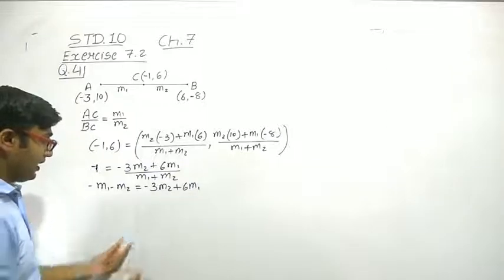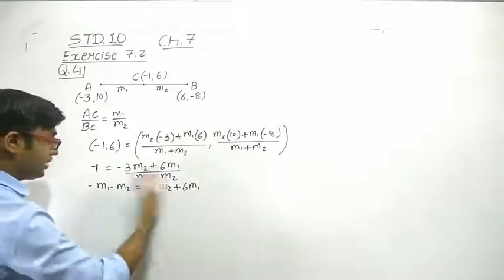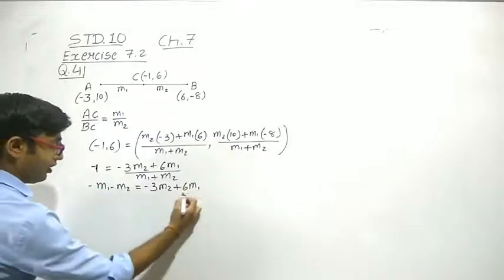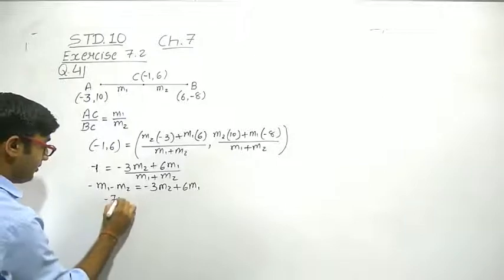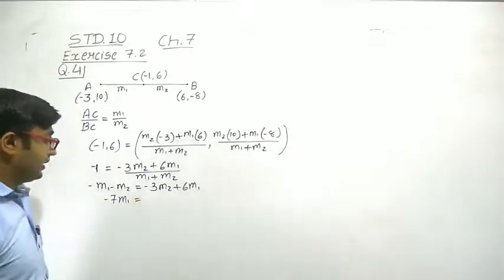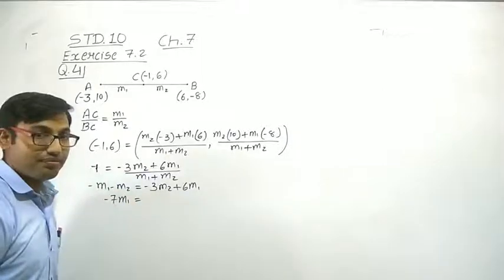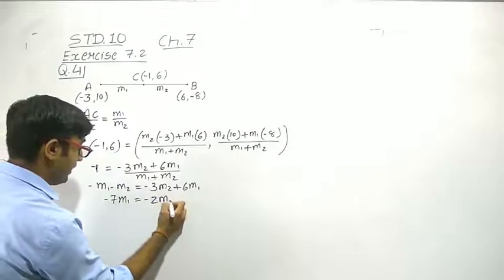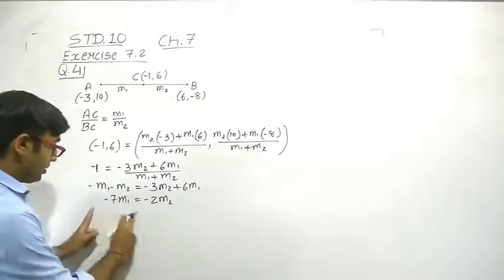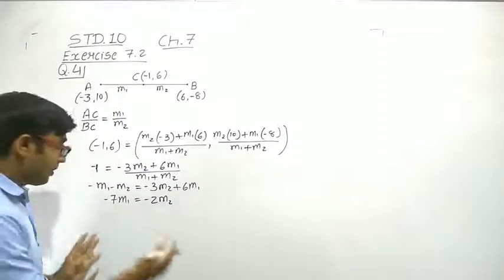Now simplify, take the m1 to the left hand side and m2 to the right hand side. So -m1 - 6m1, total will become -7m1, and on the right hand side, what will happen? -3m2 + m2, that is -2m2. Now both sides are minus, we can cancel, both sides will become plus.